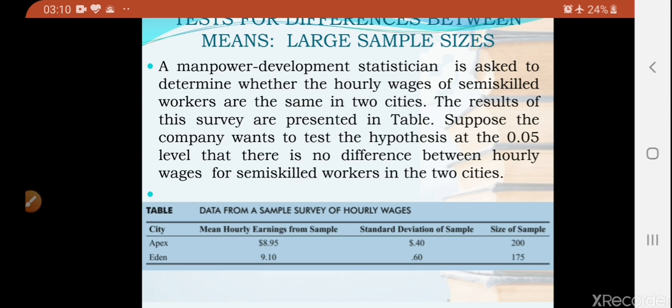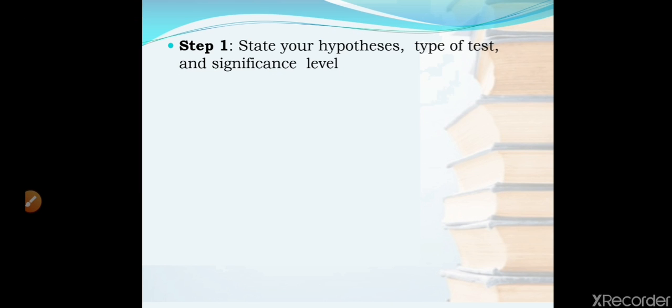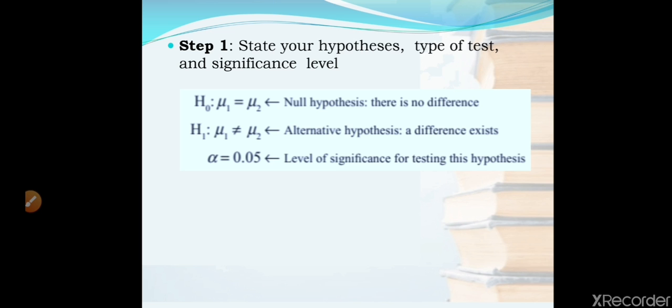So we start with the solution. The first step is to state your hypothesis, type of test and significance level. Because the sample size is greater than 30, we are going to use the normal distribution. Second, we take the null hypothesis as mu1 equal to mu2, meaning there is no difference.